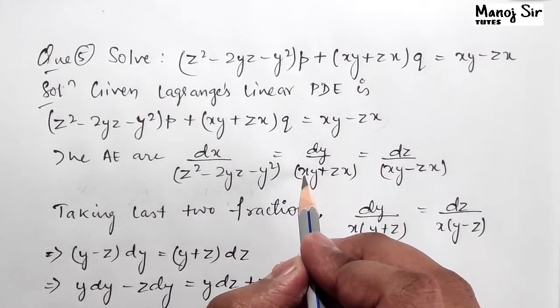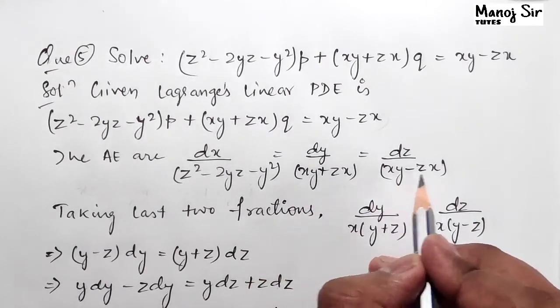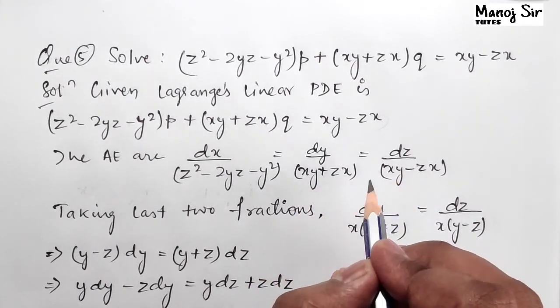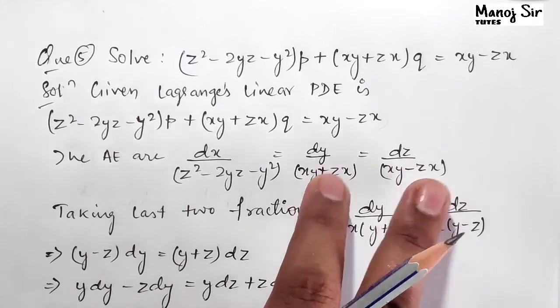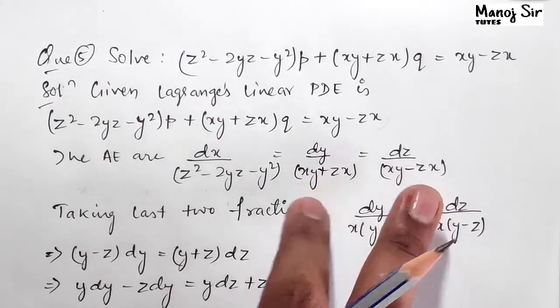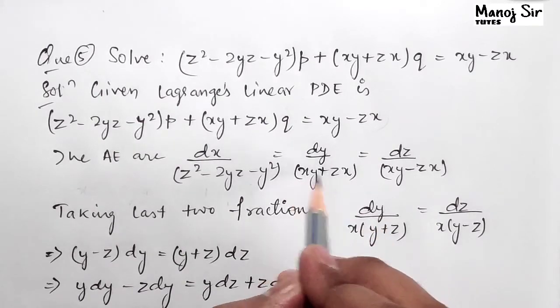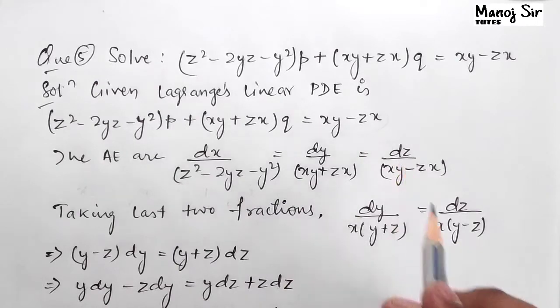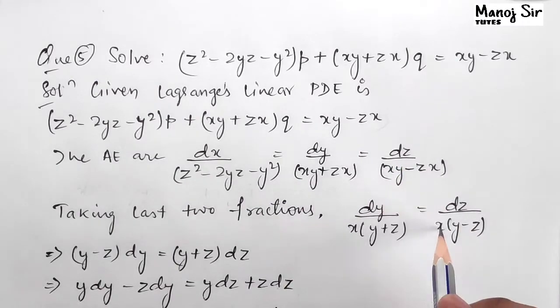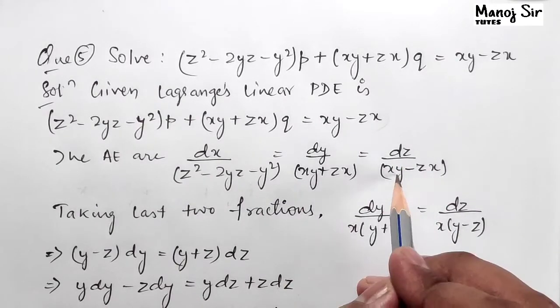Can we eliminate x? Yes. If you take x common from this and again from this, x gets cancelled, so these two fractions will be independent of x. So taking the last two fractions, that is dy upon, if you take x common, you will have y plus z, equals dz upon, taking x common, here we have z minus y minus z.